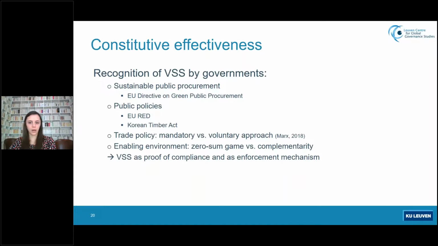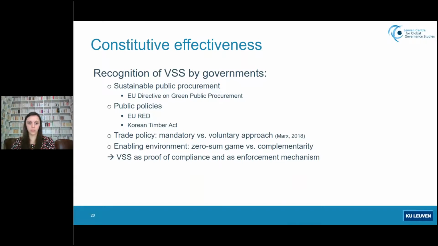All right, then, of course, still in public policies, but more about trade policy, governments can also include VSS requirements on the products that are imported on their markets. This can be done in two ways. First, there is the mandatory approach, which involves that certification is needed before granting market access and preferences to a firm.